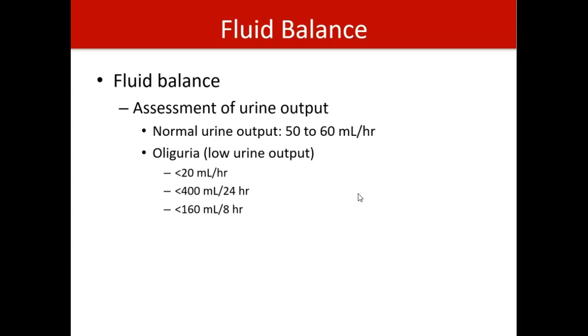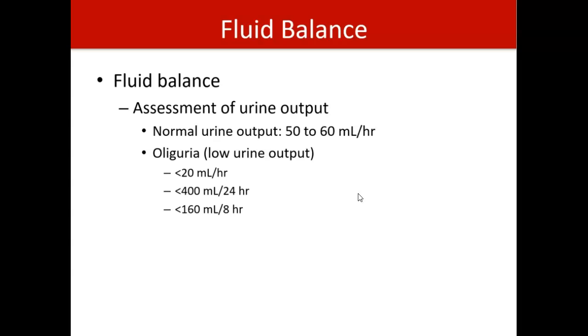If you think about intake and output, fluids come into the body through IVs. We can give our patients fluid through IVs, oral fluids, or through an NG tube. So it's anything that they ingest or get intravenously.